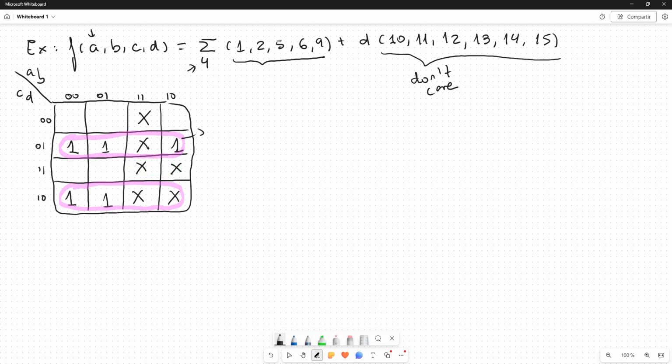Using the X, the function is really simple. We have only two prime implicants. This one that is C negated D, and this one that is C non-negated, D negated.